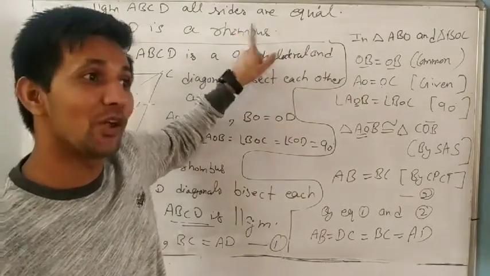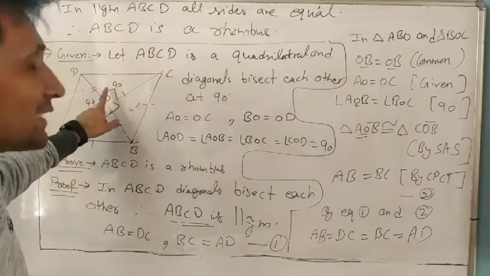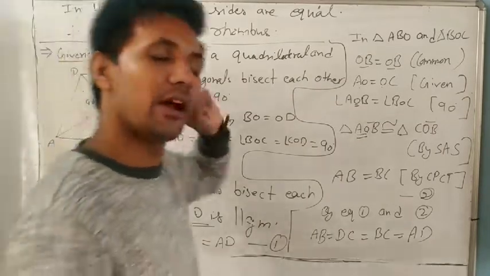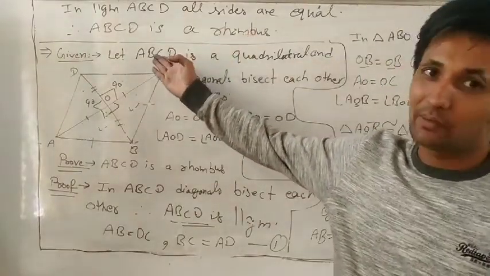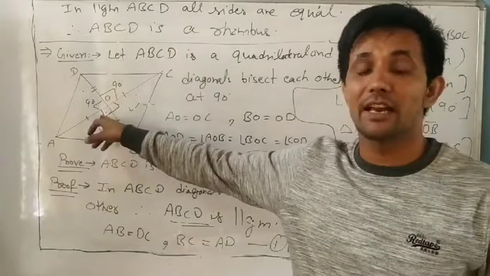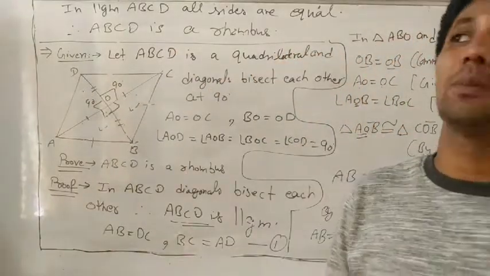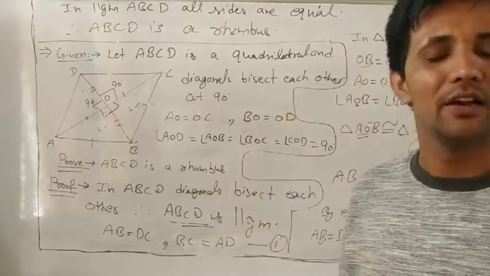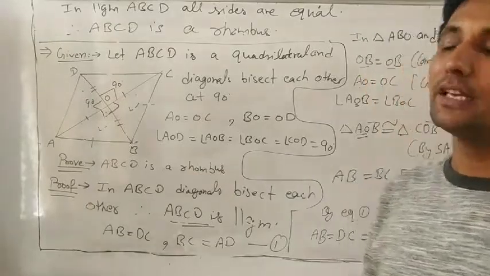So in a rhombus, the diagonals always bisect each other at 90 degrees, not in a rectangle, not in a parallelogram, only in a rhombus.